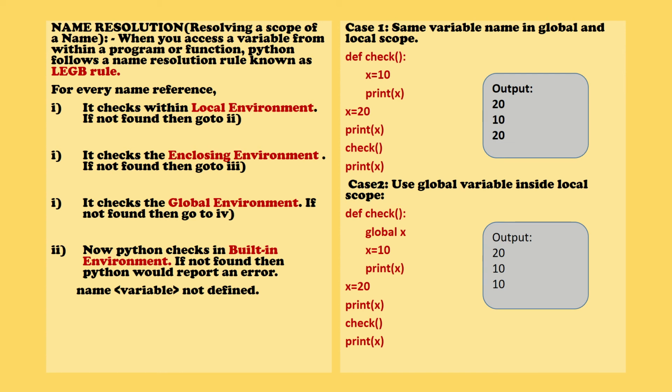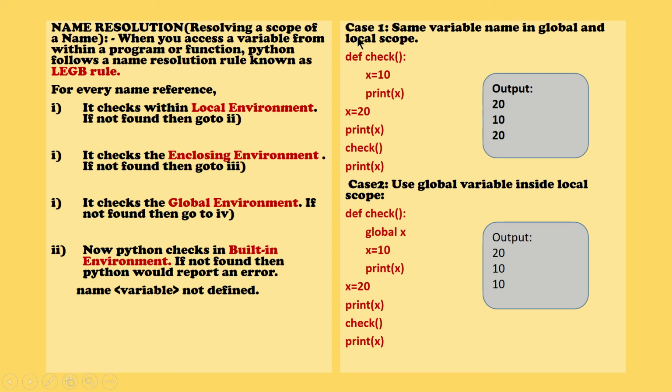If you are using the same variable name across multiple scopes, how that variable and its value are resolved, you need to know the LEGB rule. First it will look for the local environment, then enclosing environment, then global environment, then the built-in environment. Now let us understand this concept with the help of an example.